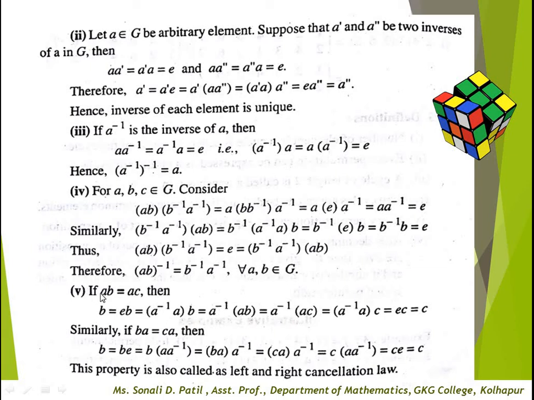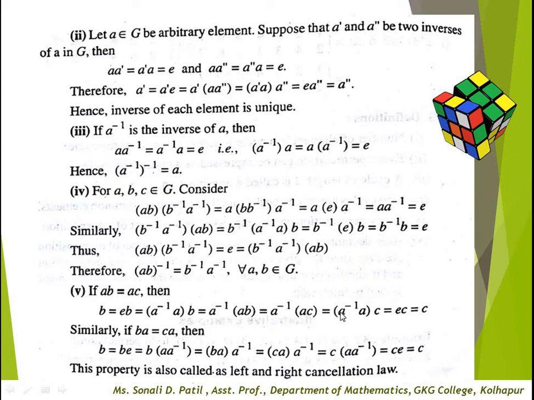So the fifth one: if AB is equal to AC, then we consider B is equal to EB, here by using the identity property. By the inverse property we put the value of E as A inverse A, so it is (A inverse A)B. Now by using the associative property, A inverse of (AB). What is the value of AB? AB is AC, so here we can put the value of AB as AC.